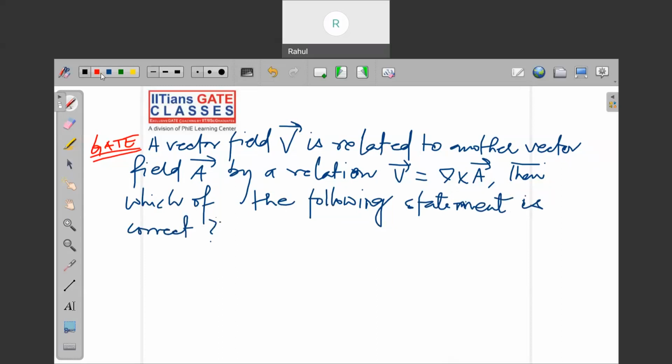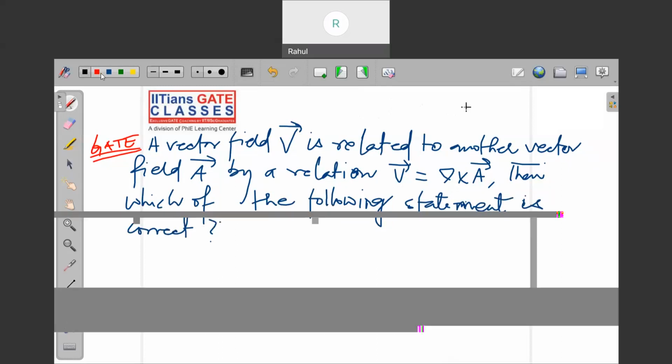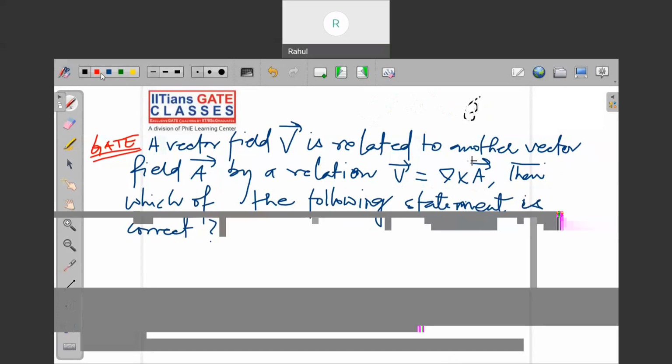So what will Stokes theorem be in this case? Del cross A, that is V, dot ds, the surface integral, equals the closed integral of A dot dl. This can be the possible answer.